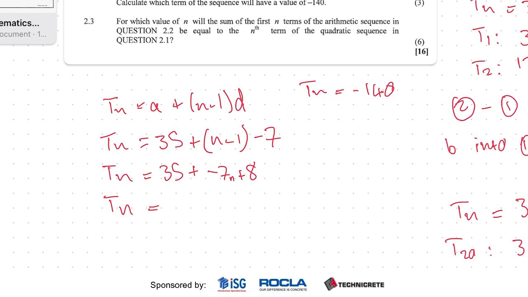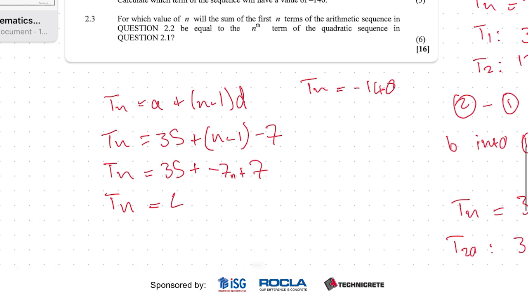Oh, why did I say 8? This should be 7. -7 times -1 just gives 7. So 7 plus 35 gives 42 minus 7n. Or you can rewrite it whichever way makes sense, same difference.